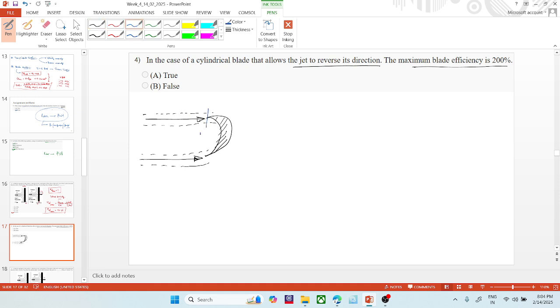So this part is inlet and this part is outlet. The jet is coming with Vs like this. Blade is moving by the speed of Vb. And what we have to tell here is the maximum blade efficiency, what value it would consist of.